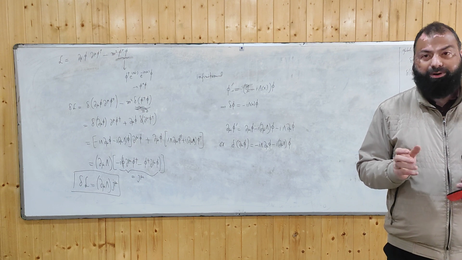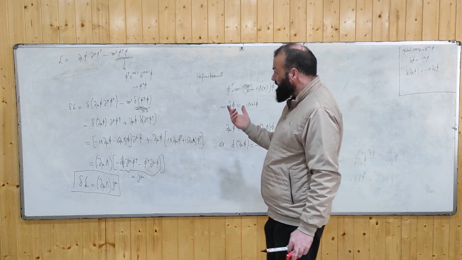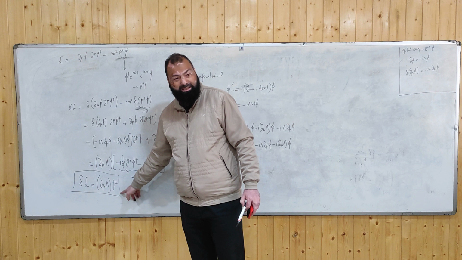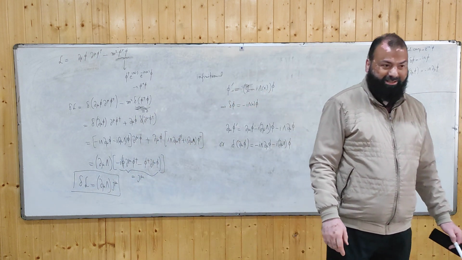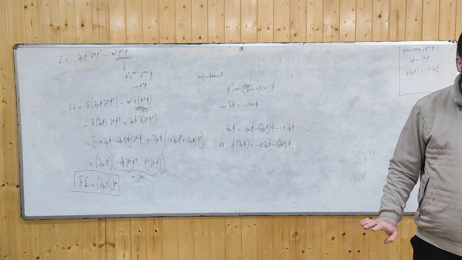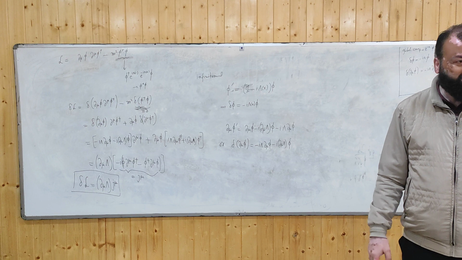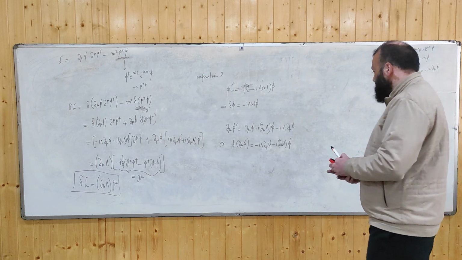Then I have to understand the meaning of the term which I am introducing. Because the Lagrangian is an additive object, you can add and subtract terms from the Lagrangian. It's an energy function.